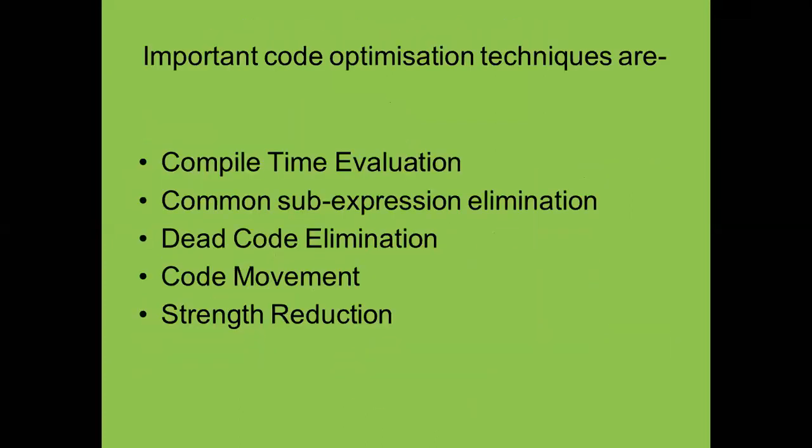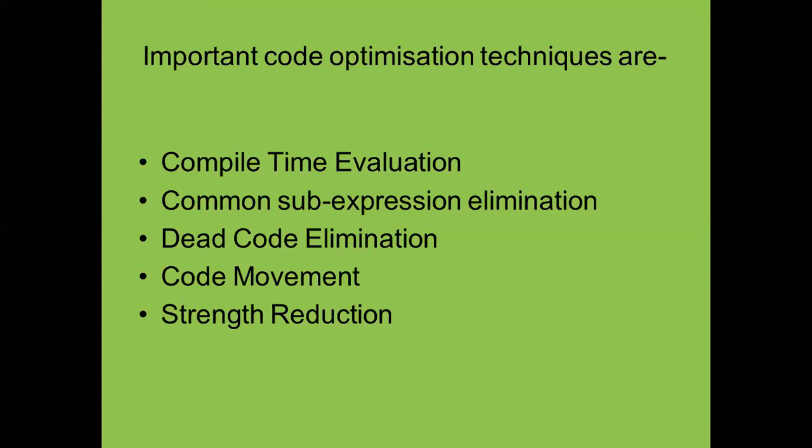Now, the important code optimization techniques, we have already studied these: compile time evaluation, which you saw in the last diagram, common subexpression elimination, dead code elimination, code movement, and strength reduction. In a short answer type question, I can ask what the important code optimization techniques are.